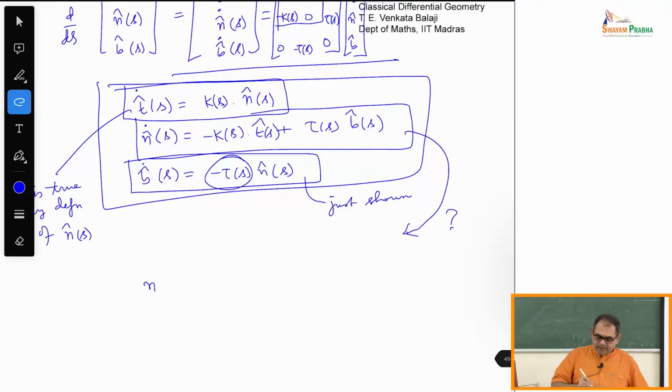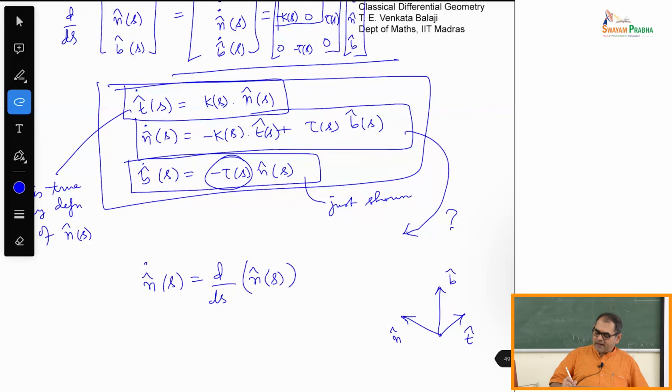So you want n cap dot of s, this is d by ds of n cap of s, but now use the fact that t cap, n cap, b cap are a right-handed triad. So if you draw a picture, this is t cap, then perpendicular to that you have n cap, and then perpendicular to that you have b cap. Okay, and everything is 90 degrees.